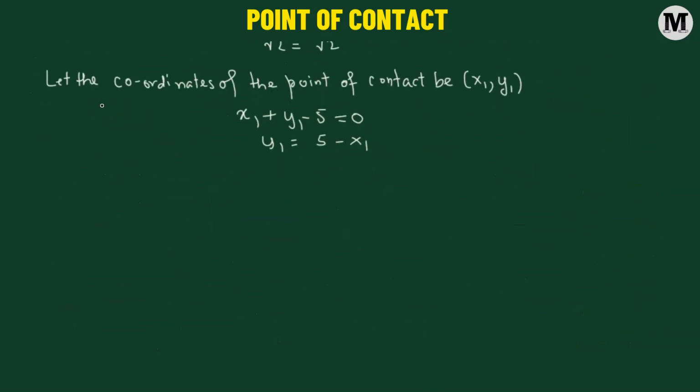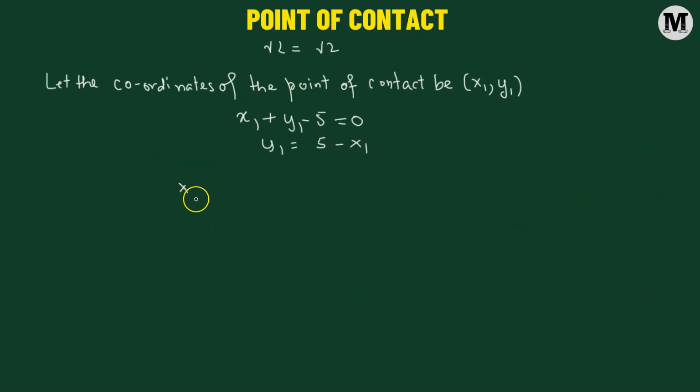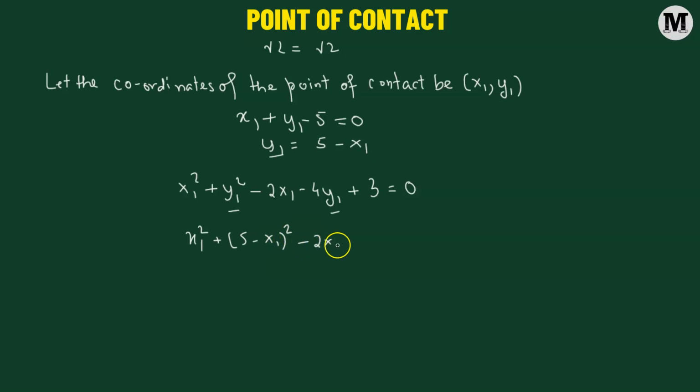So we are going to get x1 squared plus y1 squared, then negative 2x1, minus 4y1 plus 3 equals 0. Now we'll substitute the value of y1 in the equation of the circle with 5 minus x1. So we get x1 squared plus (5 minus x1) whole squared minus 2 times x1 minus 4 times (5 minus x1) plus 3 equals 0. So let's simplify.